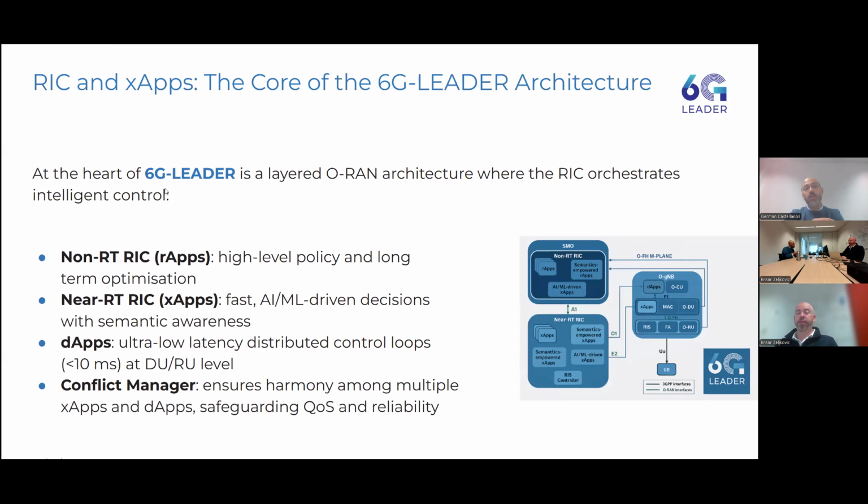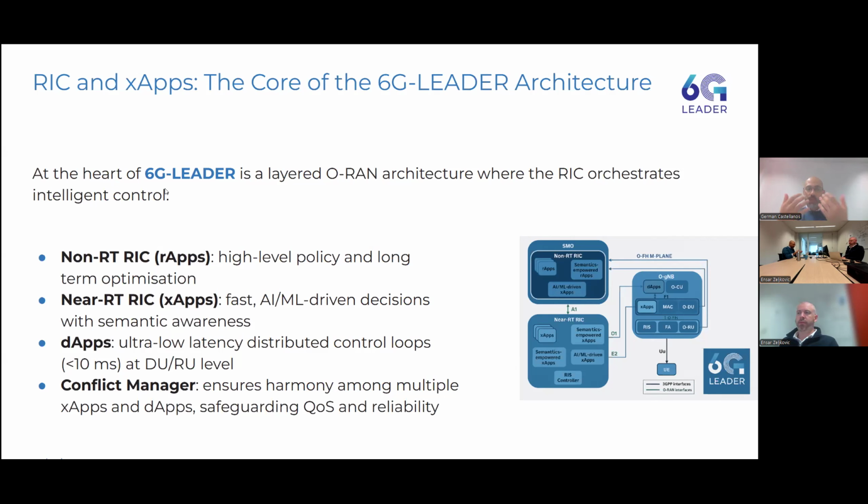Basically, the whole idea is to create an architecture. This architecture is based on our own O-RAN architecture, where the RIC is the one that orchestrates everything. They orchestrate the intelligent control. So inside the RIC, we're going to have the non-real-time RIC applications that are the rApps, which have high-level policy and long-term optimization objectives.